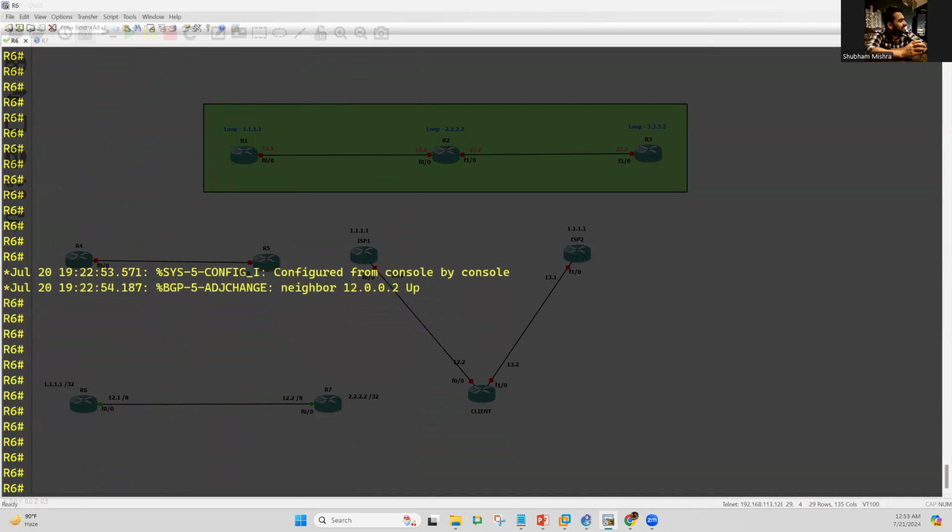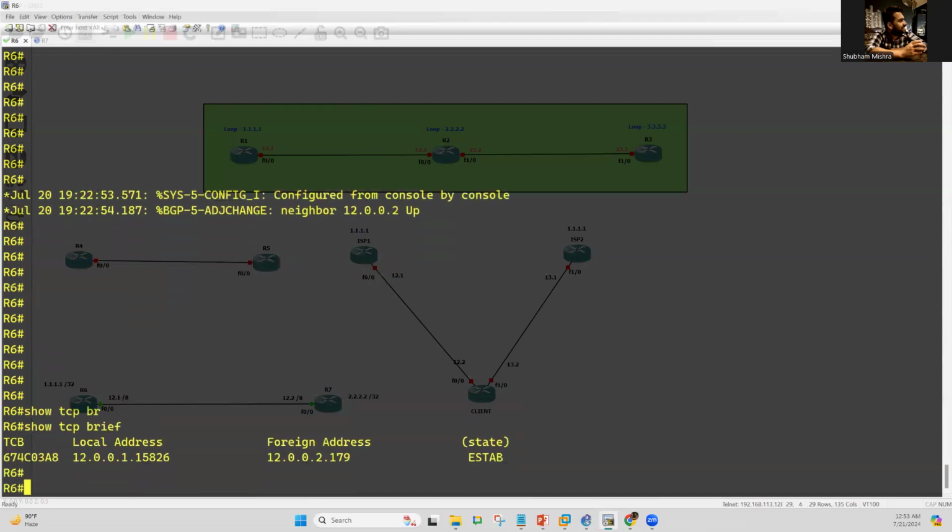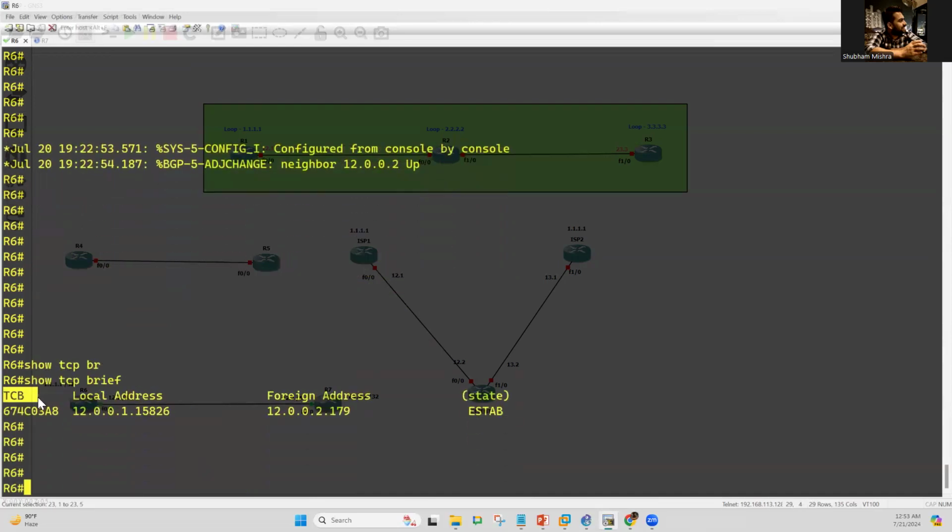I already told you that before sending anything, the router establishes the TCP connection, in the previous class. So how can you check that the TCP connection is established between both neighbors? The command is show tcp brief. This is the table where the router stores the information about TCP sessions. That is the local IP address, 12.0.0.1.